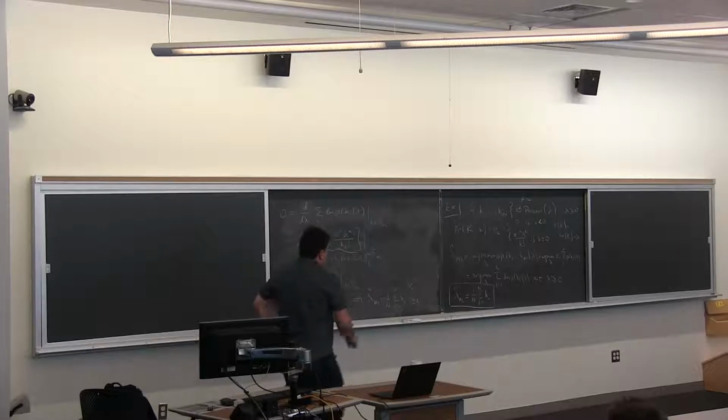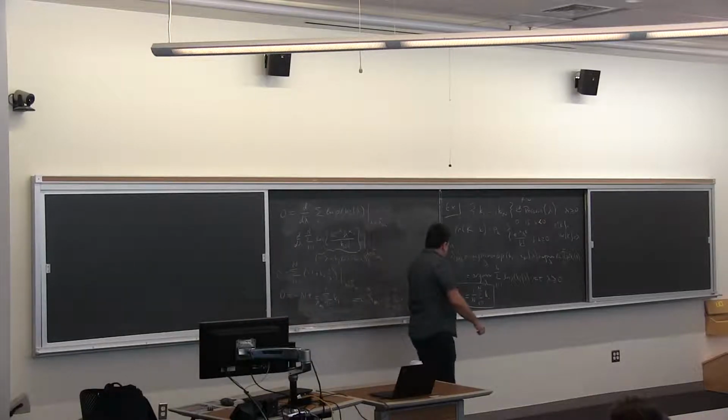Because this is a random quantity, you can take the expected value and the variance of this. It's going to depend on lambda. So the expected value of this will be lambda, because it's going to be 1 over n times n times lambda. So the n's will cancel. The variance of this will be lambda over n.